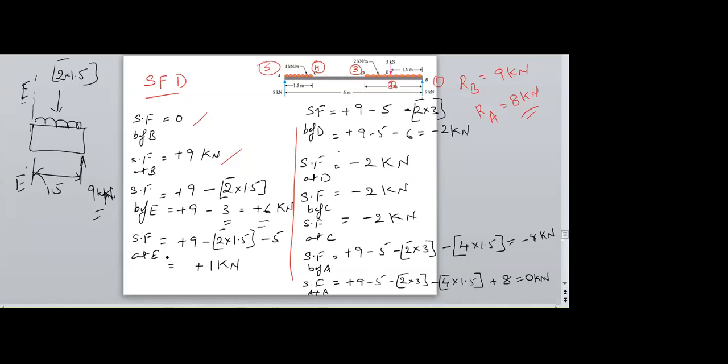Next, yet E, a point load of 5 also needs to be considered now, which is moving downwards, therefore a negative.